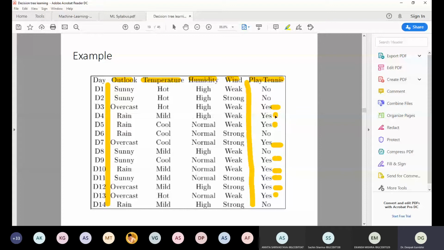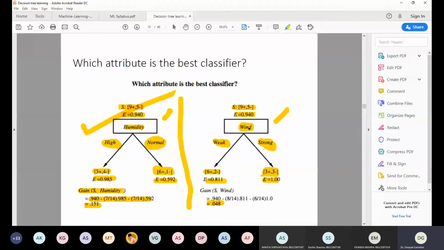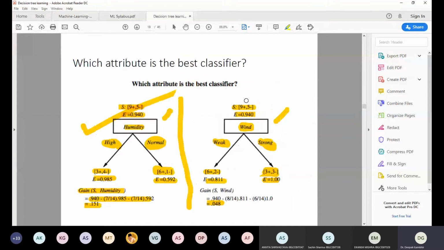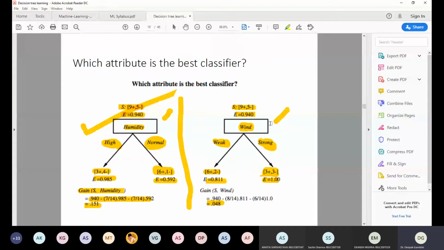So 9 yeses are there, it means 9 positive cases, and 1, 2, 3, 4, 5, 5 nos are there, so it is 5 negative cases. So for the total complete set, we have 9 plus and 5 minus. Now we are considering the case of wind. In the case of wind, we have to find the two cases, one is strong, one is weak. If we are considering weak, then we have 6 positive cases and 2 negative cases.